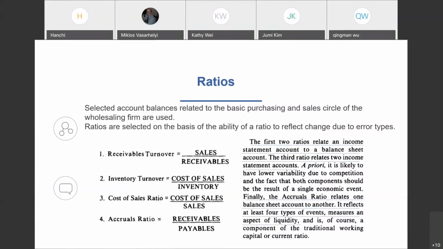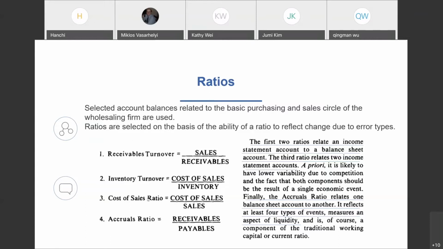We want to make sure that the ratios are selected on the basis of the ability of a ratio to reflect the changes due to error types. Of course, there are other ratios. However, we see that other ratios combine several accounts. So they will be of little use when we want to use them to indicate the error in a particular account.